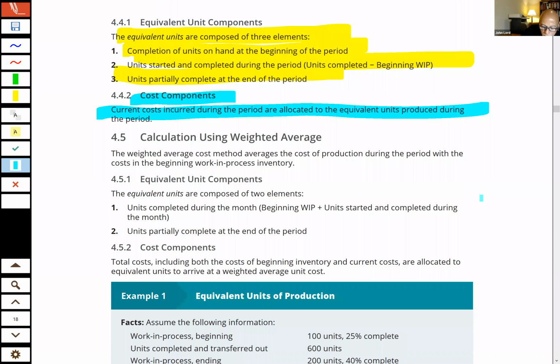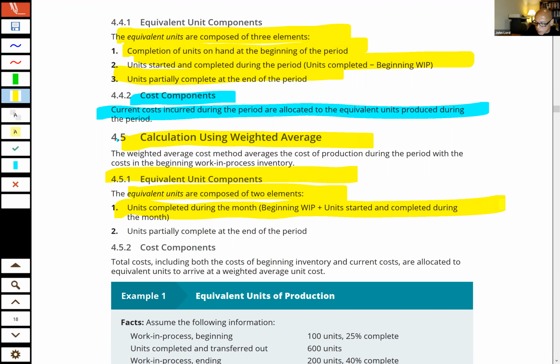Okay, when we use weighted average, the equivalent units are composed of 2 elements: units completed during the month, which is beginning work in process plus units completed and started during the month, assuming the problem feeds you the information that way. They don't always feed you the information that way, so it gets a little more complicated than that.